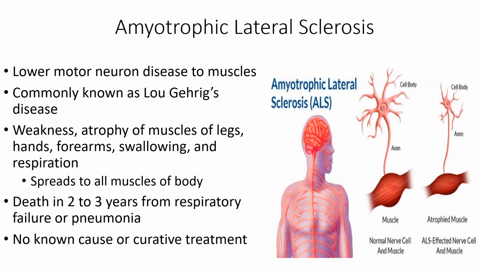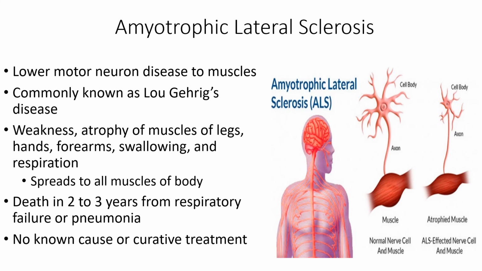So whether it's the arms, the legs, the forearms, swallowing, and of course respiration. So it spreads to all the skeletal muscles due to the neuronal destruction, which is really quite a sad disease because typically the brain and cognition remains intact.